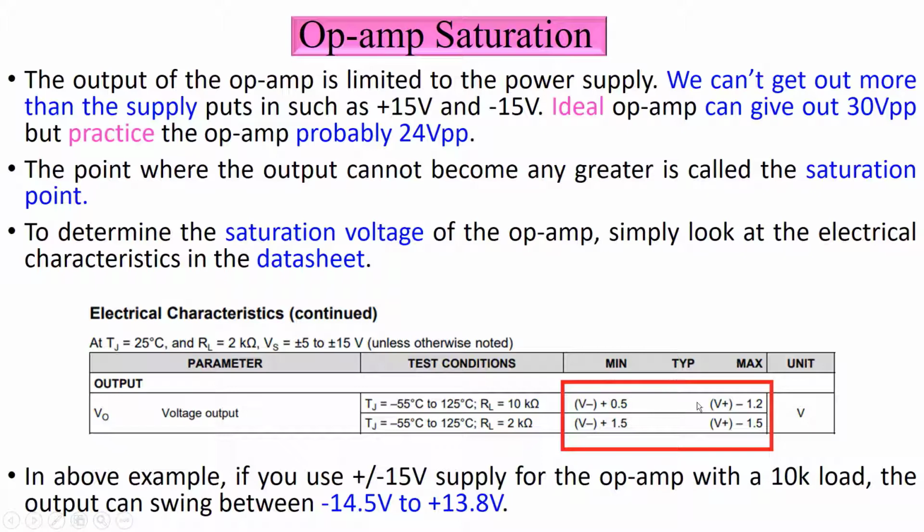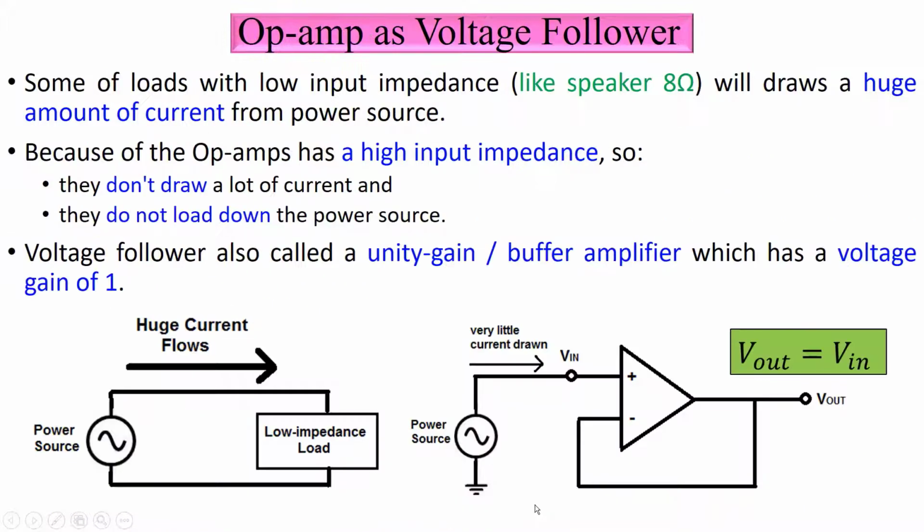If you use the op-amp with dual supplies, the maximum output that can be delivered by this op-amp is the supply minus 1.2. For example, if you use plus or minus 15 volts with a 10 kilo-ohm load, the output can swing between minus 14.5 volts and 13.8 volts.